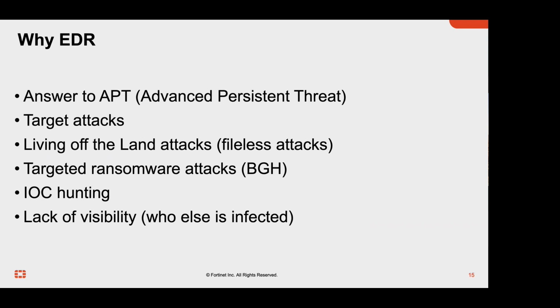I hear a lot from customers that if they get an infection on one client, the first question is: is this the only client, or are there more clients in my environment which are infected, or is this code maybe already running on other machines? How to figure that out? And as we will see a little later in the demo, this is relatively easy to figure out with an EDR solution: which of my clients are infected or affected by an attack or not.